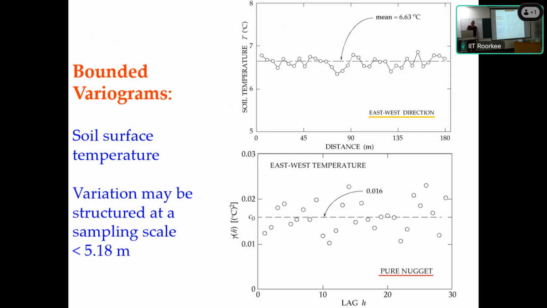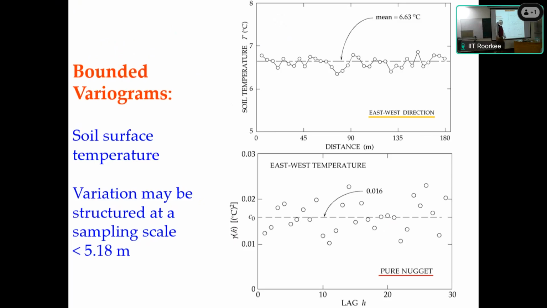Good. Then let us look at, so we have so far looked mostly at bounded semi-variograms. Here we now want to look at a few more. Here, again, our beloved soil temperature data from the first lecture. In east-west direction, that was where all the interesting stuff was averaged out, so very small variance.